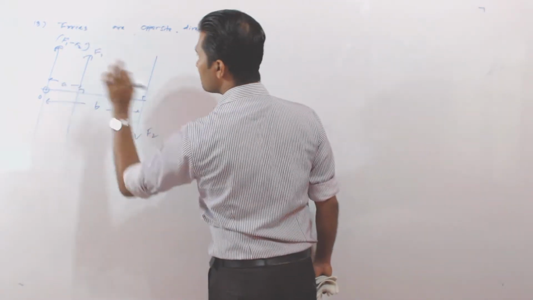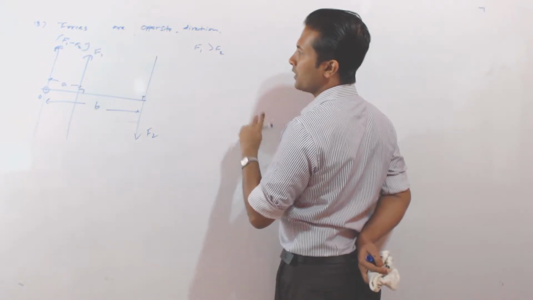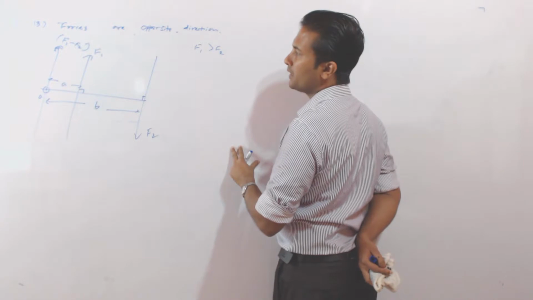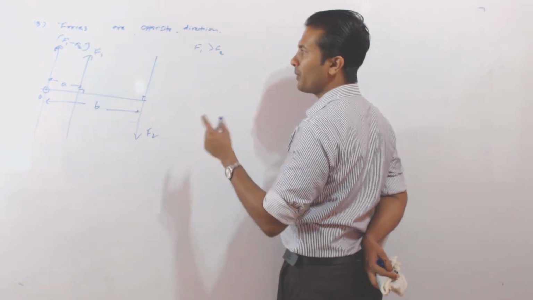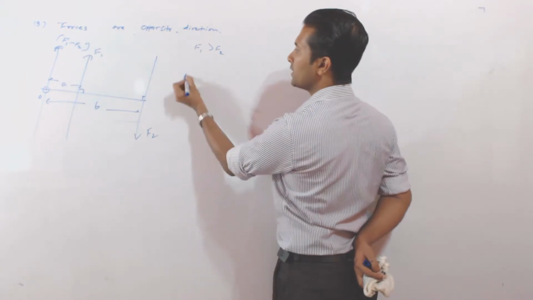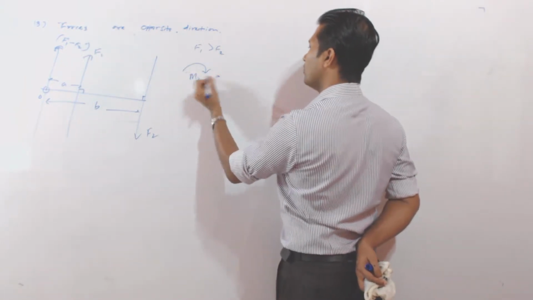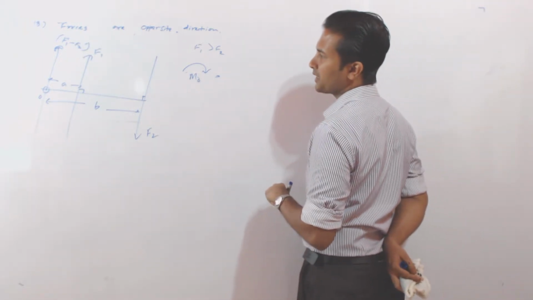This is simple B, this is simple A. Then the same procedure, which means take the moment around a particular point of the given forces, which should be equal to the moment given by the resultant. So taking MO towards clockwise direction as positive.